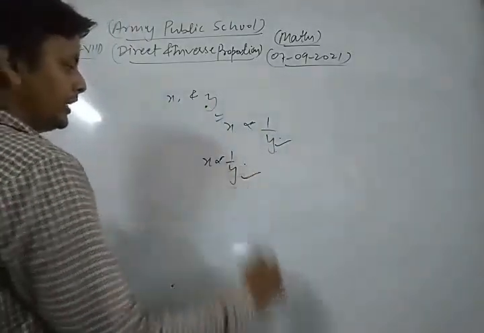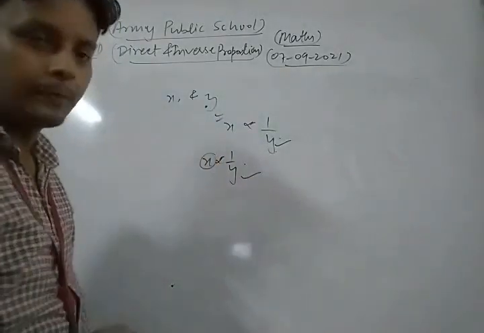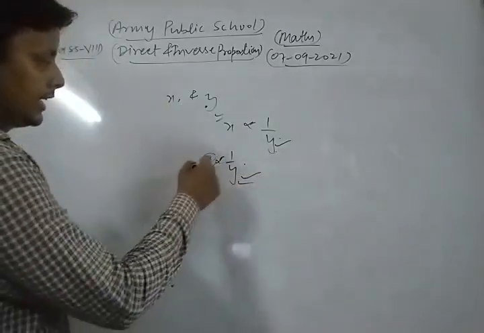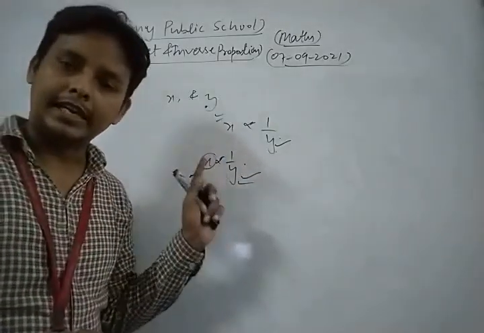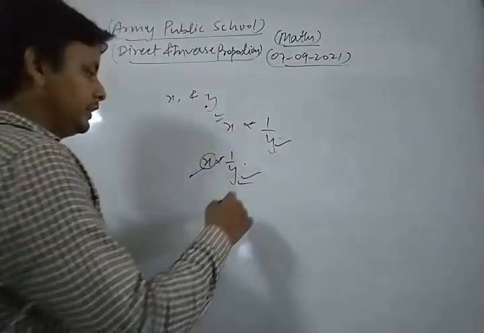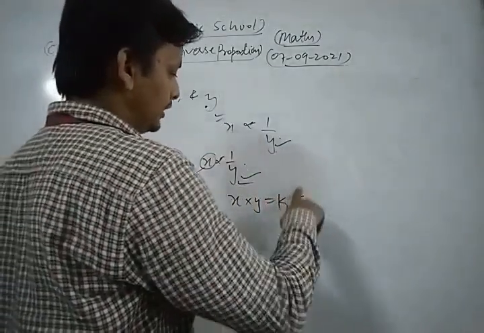Here, if y increases, then x decreases, and if y decreases, then x increases. So this is the concept of inverse proportion, and we write it in this way: x into y is equal to k, some constant.